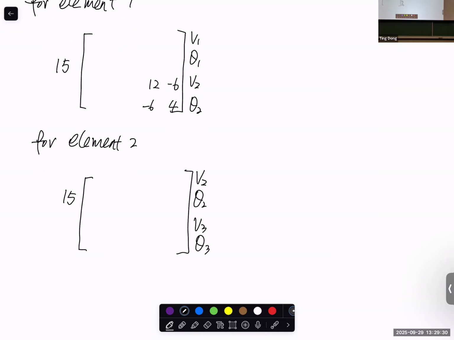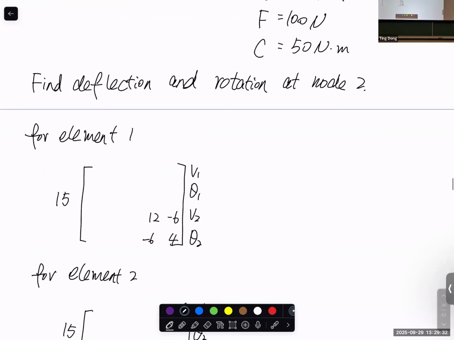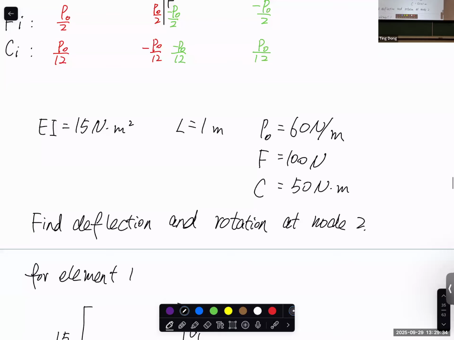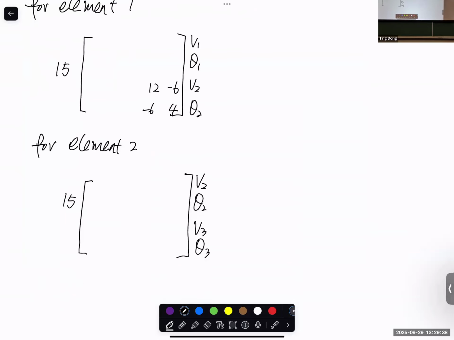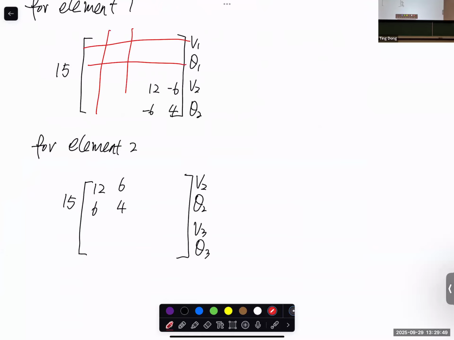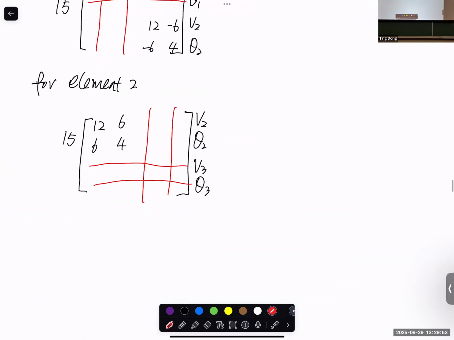And anything related to V3, theta 3, since it's clamped, both of them are 0. So we only need the 4 components here. The rest really doesn't matter. Assembly.